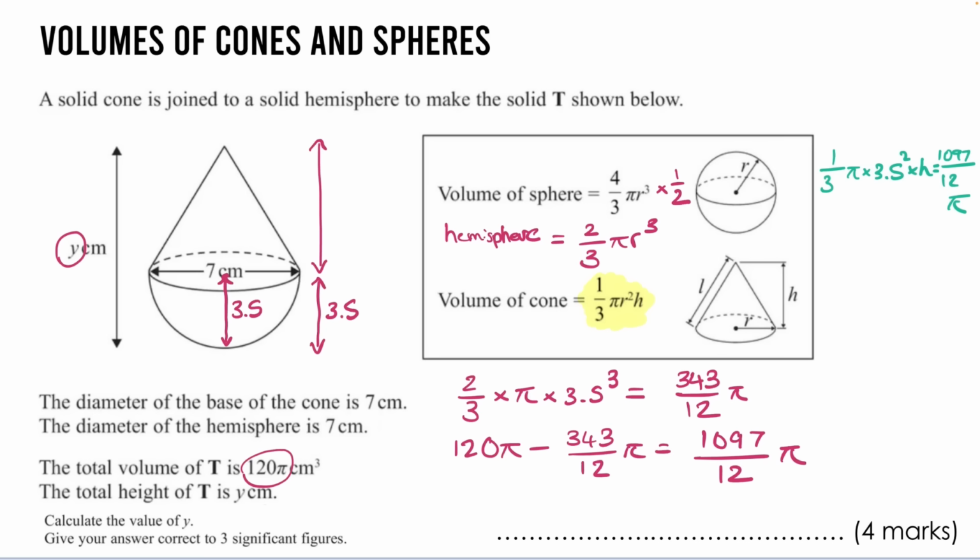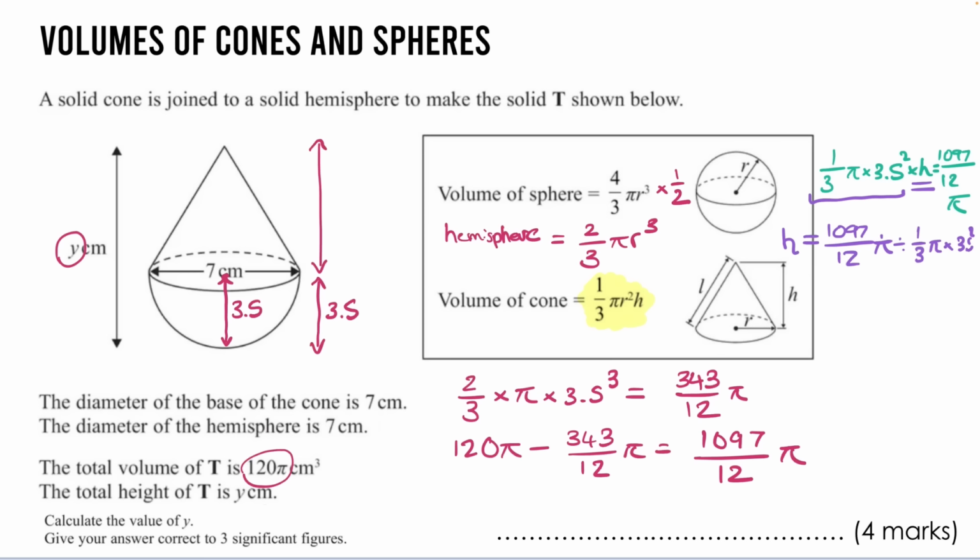Just about fit it in there. And now to isolate the height, we can take all three of these pieces and divide those to the other side. So we get the height is equal to 1097 over 12 pi divided by, and then we have this 1/3 pi times 3.5 squared.